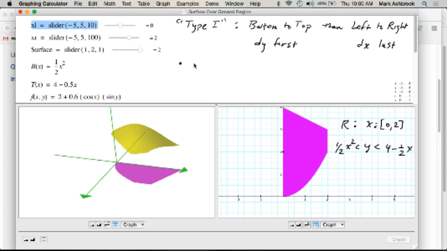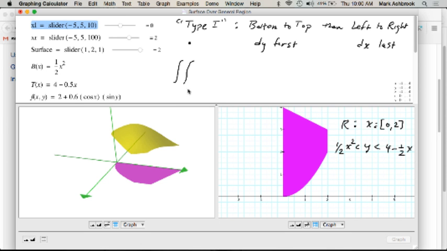So our double integral will be. When we say first and last, which integral is first? The dy is first, but in the double integral, you work inside out. So the inside integral is the dy, the first one.